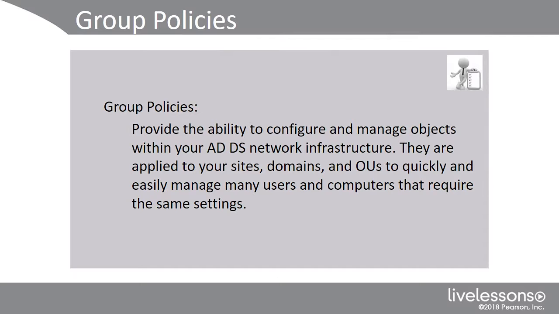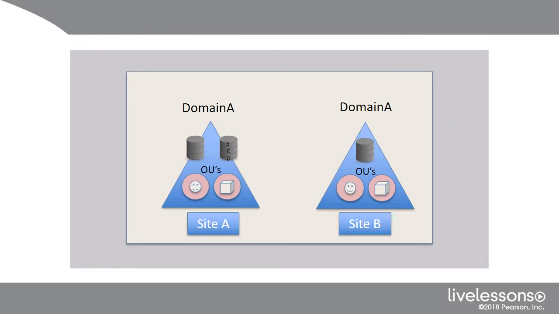So we can create one GPO and apply it to multiple users, whether it be at an OU level, domain level, or site level. That's the power of GPOs. As an example here, we have our domain A and two different sites, Site A and Site B. If I wanted similar behavior but slightly different behavior for my users in Site A versus Site B, I could apply the GPO at the site level.